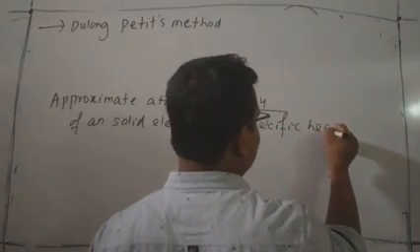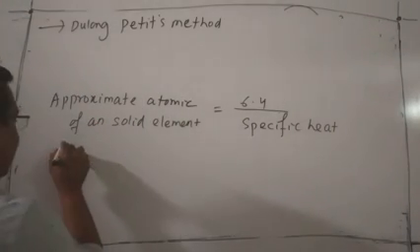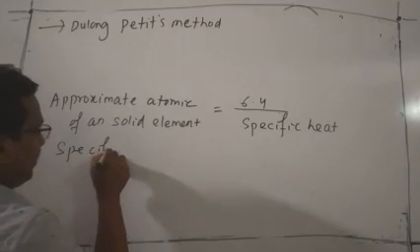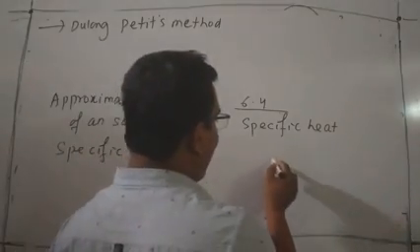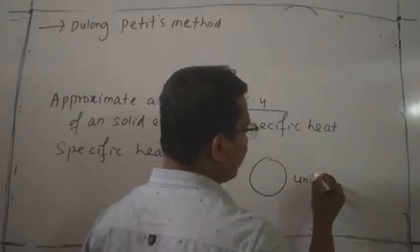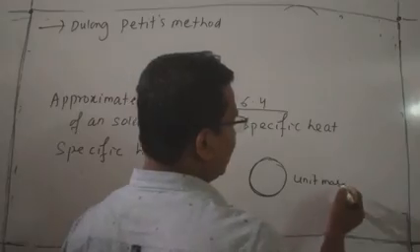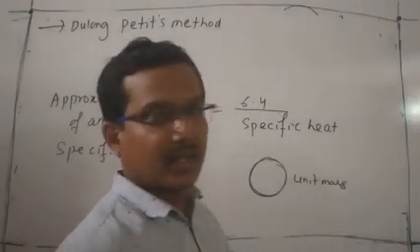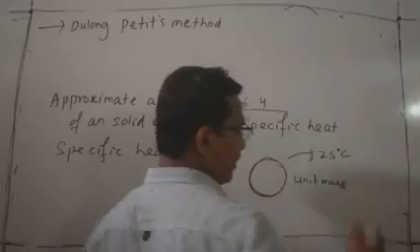There is a new term again. What is specific heat? Let me discuss it. Suppose we take a body of 1 unit mass, and its temperature is 25 degrees centigrade.